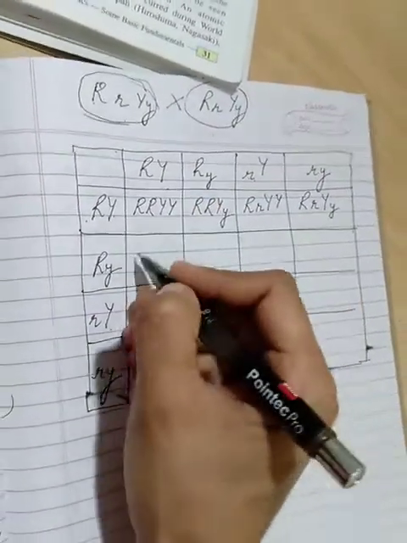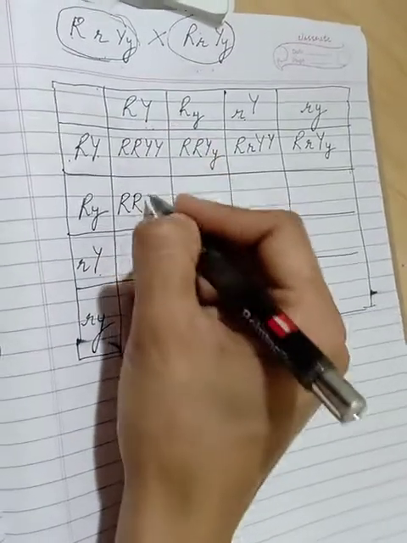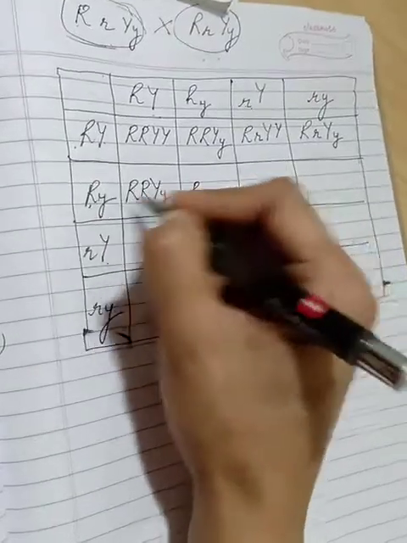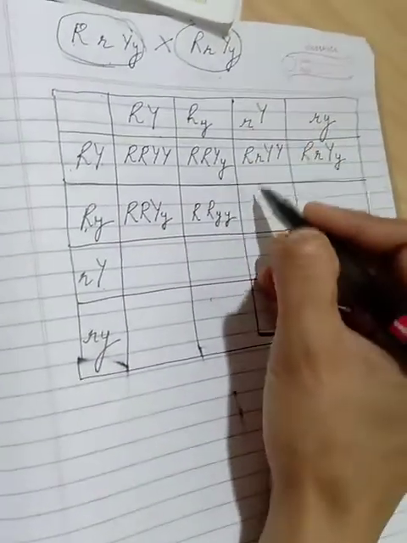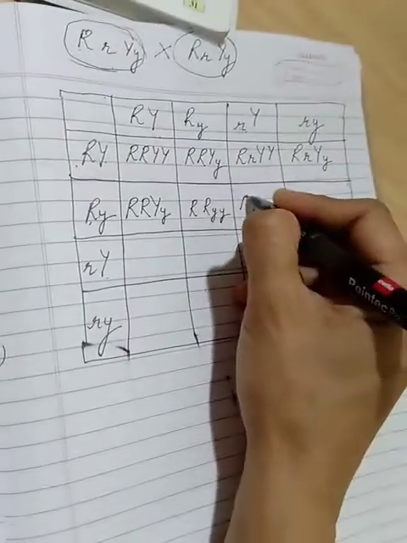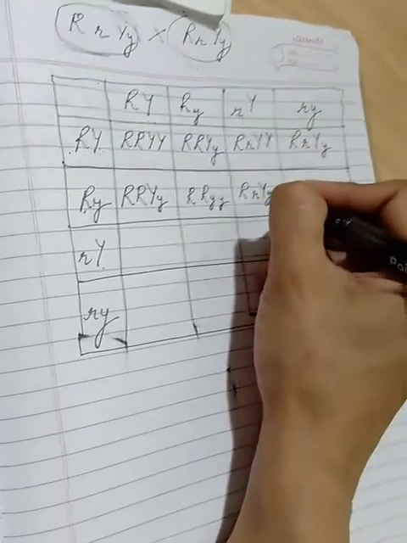Let's do the second line. This R and this R, this Y and this Y, then both capitals and both smalls. Now here this is coming but will be written later because this capital will come first. So R, R, capital Y and small y.